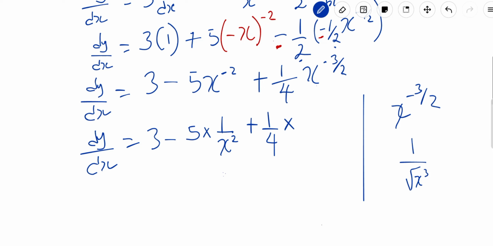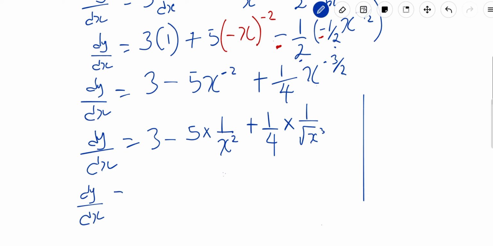So that's what I'm going to have here, 1 over the square root of x to the power of 3. This is the same as saying dy/dx is equal to 3 minus 5 over x squared plus 1 over the 4th root of x to the power of 3.